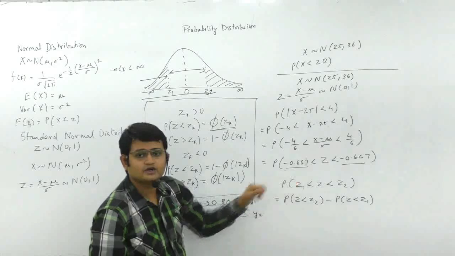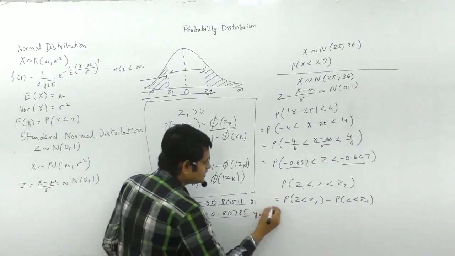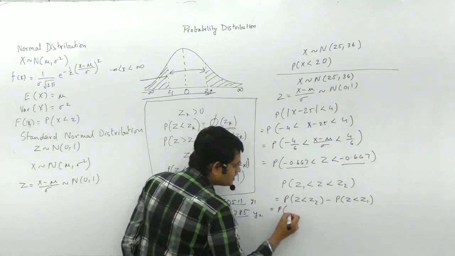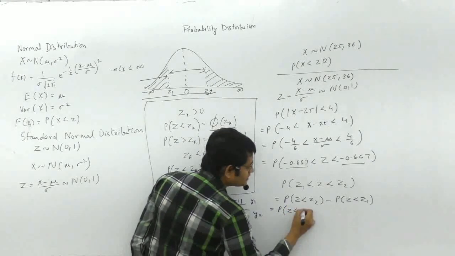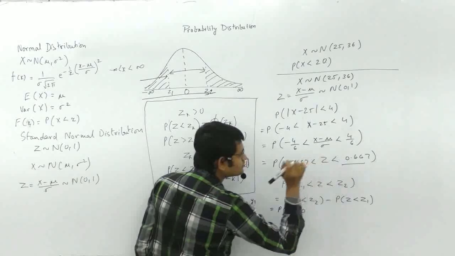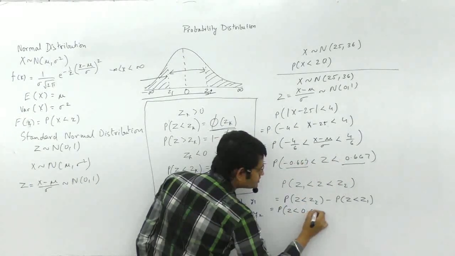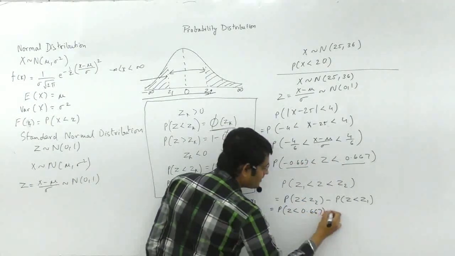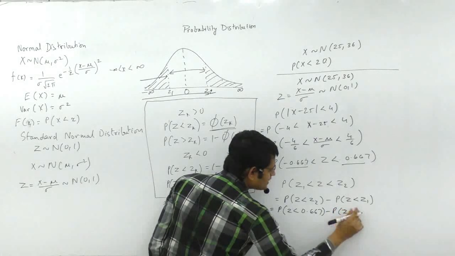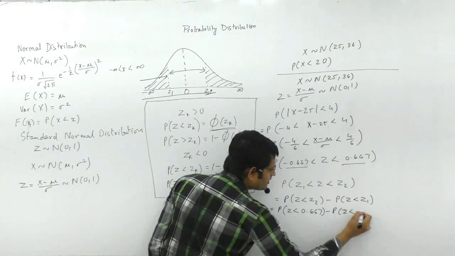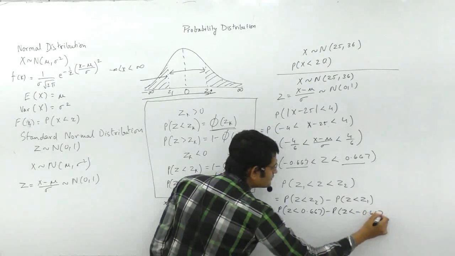For this particular one, I can say this is nothing but probability z less than 0.667, this should be a positive value, sorry, minus probability z less than minus 0.667.